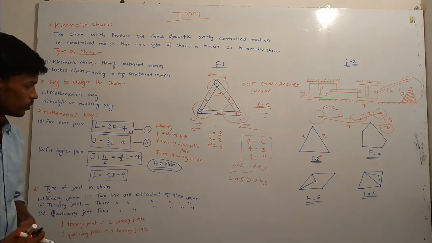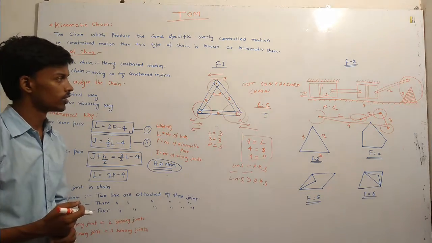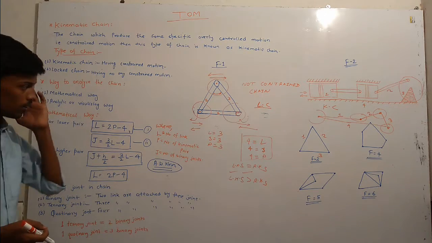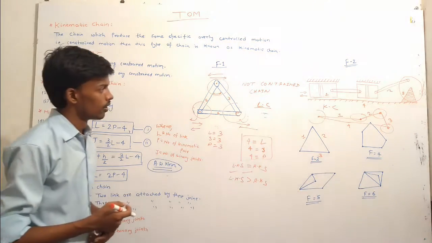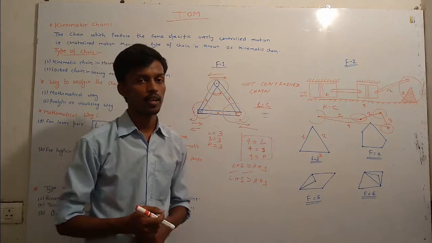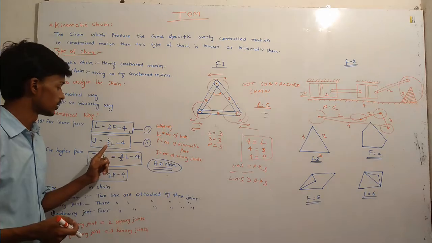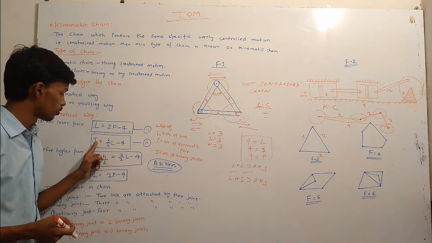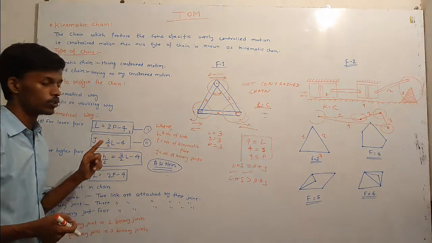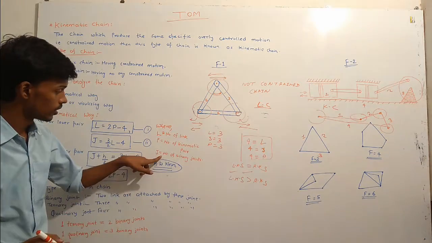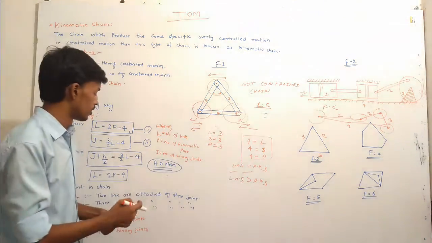Now let's move to our next topic, that is the number of joints in a chain. This formula has one condition on the value of J, that is the joint. The joint has only two link connections.